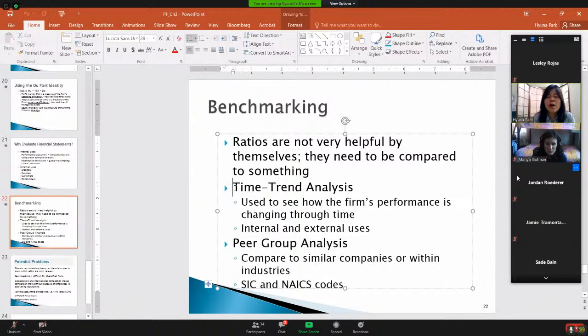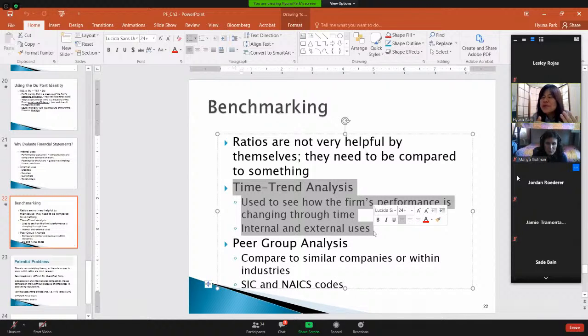Another benchmark is using the company's own history. As I mentioned before, if the current ratio is 0.9, current assets are smaller than current liabilities. Is the liquidity issue a huge problem? You can take a look at what the current ratio of this company was last year and the previous year.